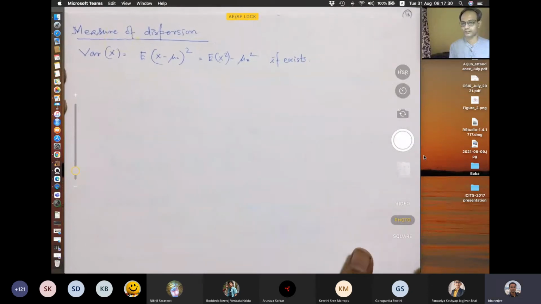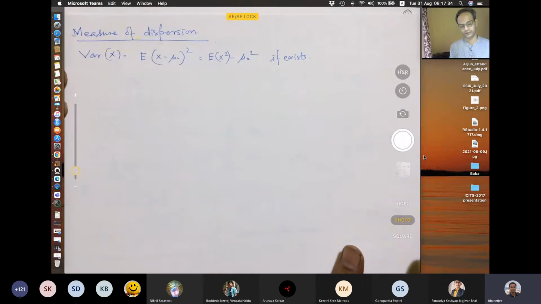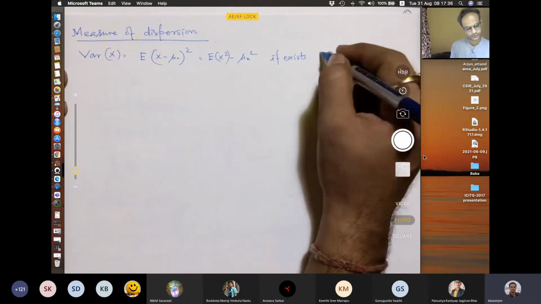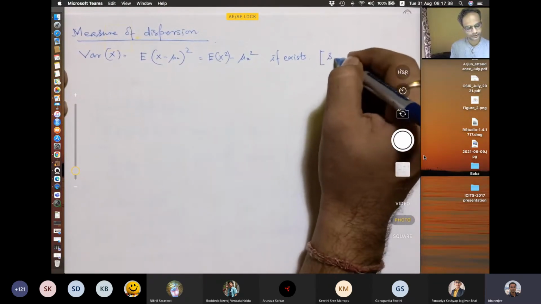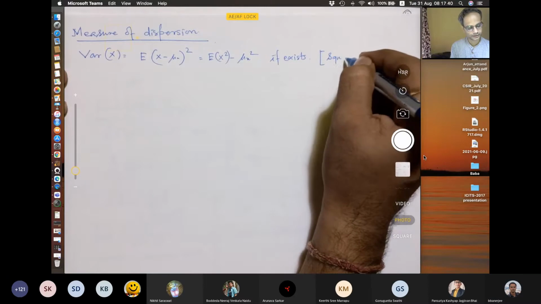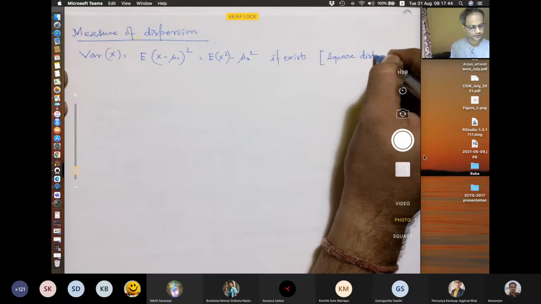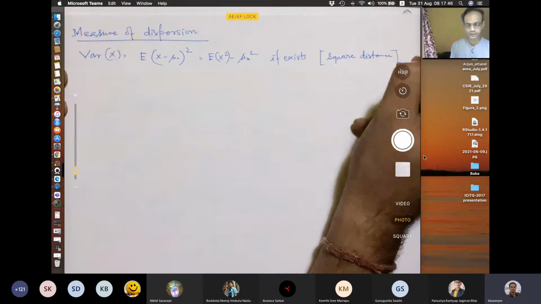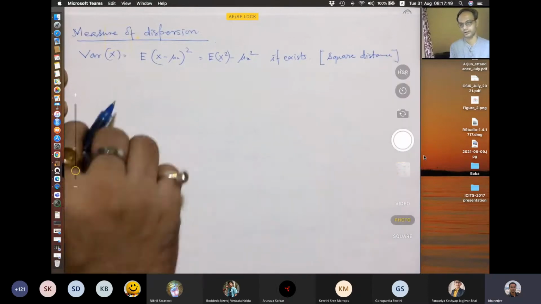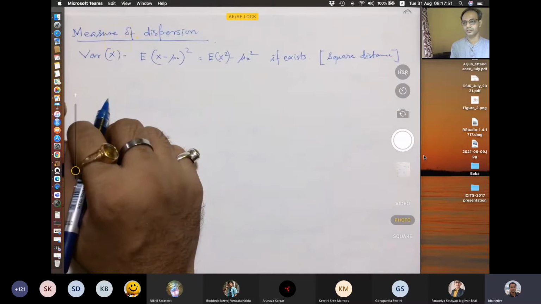Now, another measure of dispersion is also used, instead of the square distance. The distance measurement is very much important: how you define the distance.